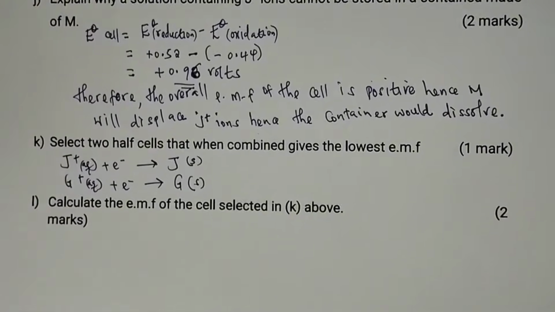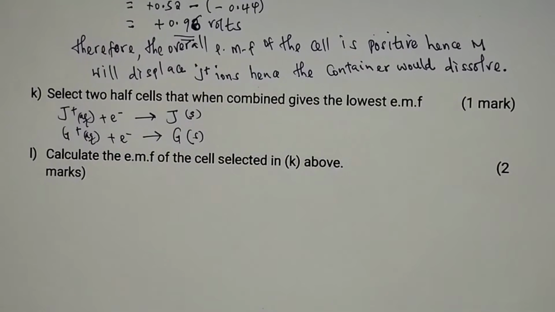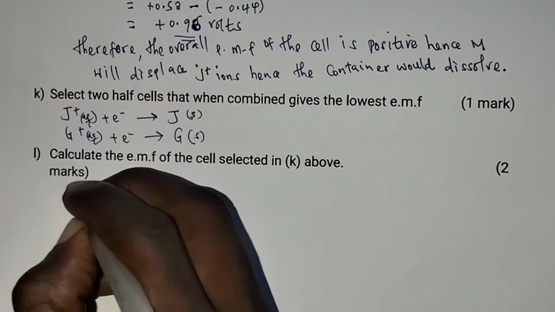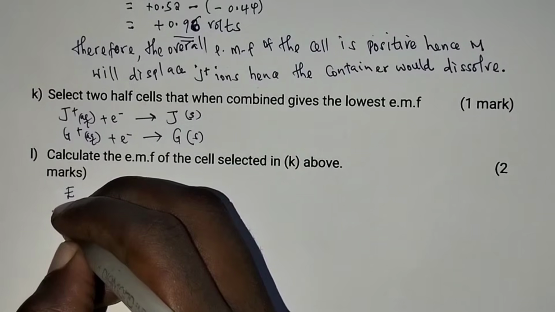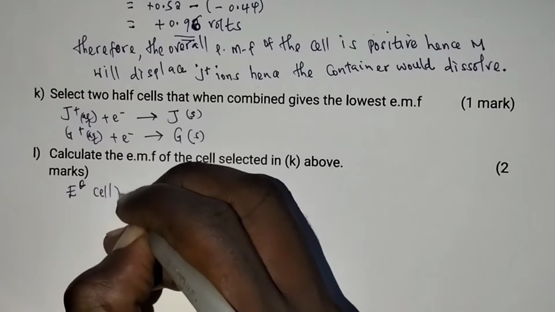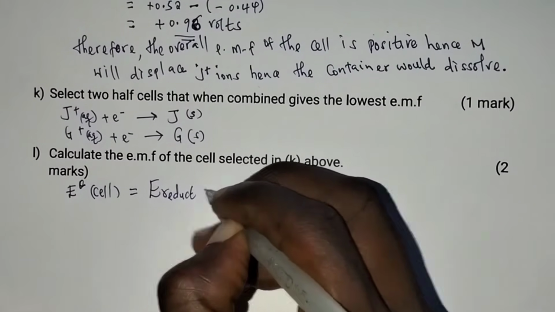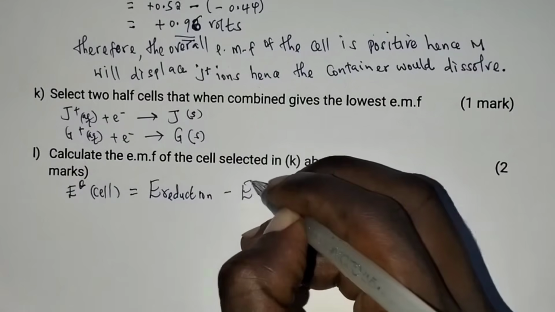In Roman K, we are told calculate the EMF of the cell selected in K above. So we have to first of all write our formula. The EMF of a cell will be equal to E reduction minus E oxidation.